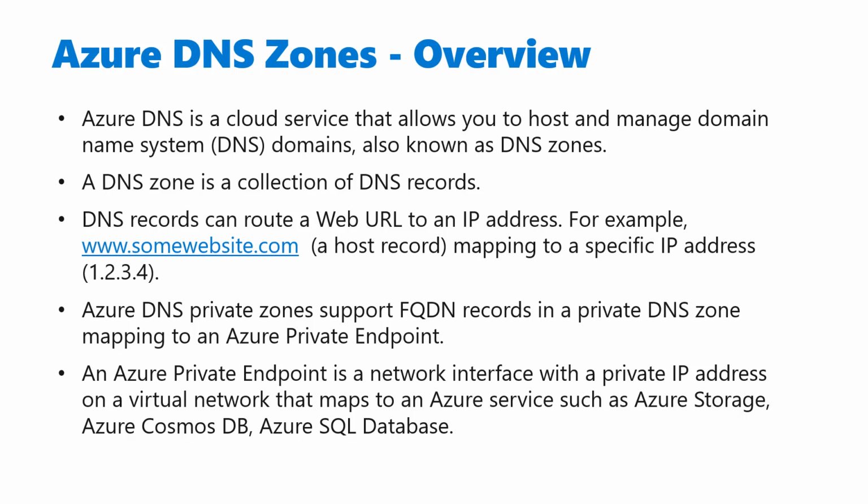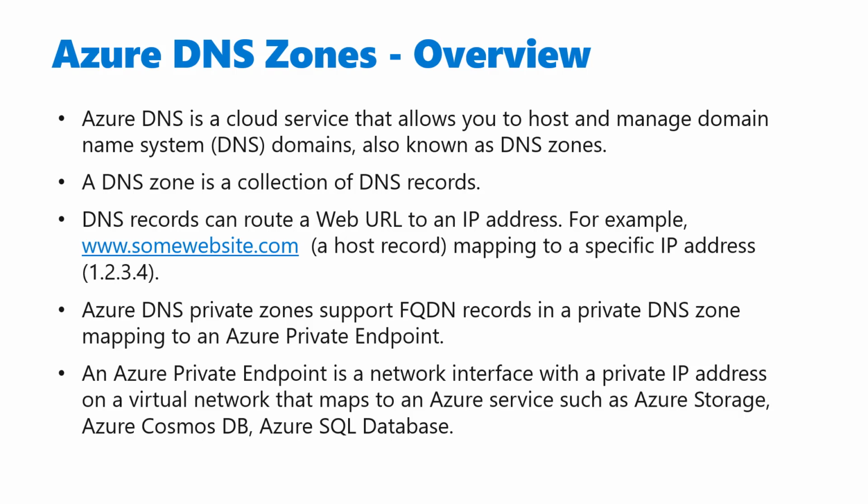Each DNS record helps us manage a mapping between a domain and an IP address. For example, here, somewebsite.com. It's easy to remember the spelling, and maybe the IP address of that particular website is 1.2.3.4. So the DNS record will maintain the mapping between this domain and its corresponding IP address. These DNS records can be used in private DNS zones as well.